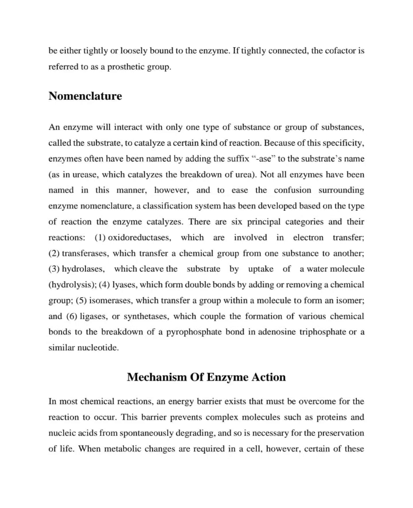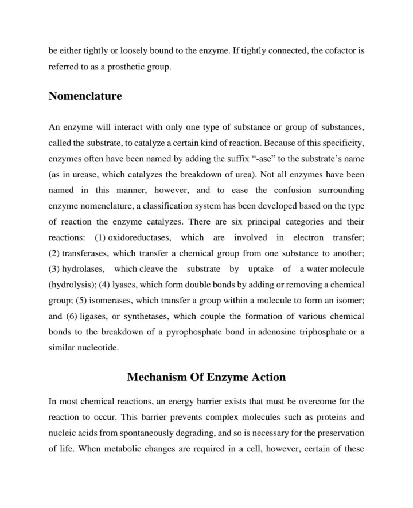An enzyme will interact with only one type of substance or group of substances, called the substrate, to catalyze a certain kind of reaction. Because of this specificity, enzymes often have been named by adding the suffix "ase."